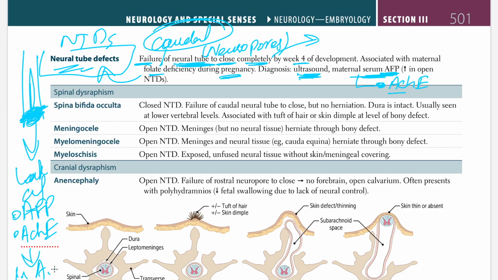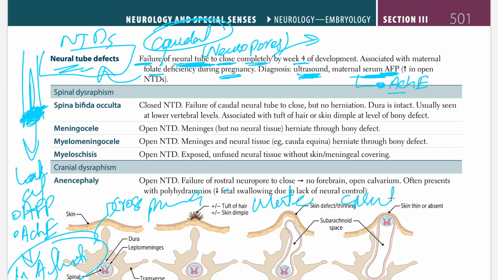From this amniotic fluid, these things will cross the placenta and get into maternal circulation. When they get into maternal circulation and you check the maternal serum, meaning check maternal blood, in the serum you will find AFP and AChE, and you say, hey, what are they doing here?